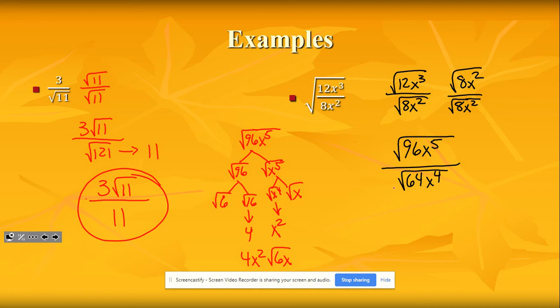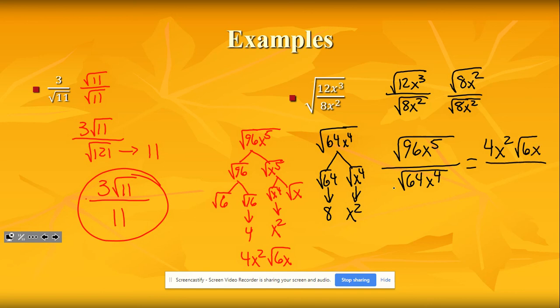On the bottom, radical 64x to the fourth is much simpler. Break it up into radical 64 and radical x to the fourth. The 64 becomes 8. The x to the fourth becomes x squared. So my final answer here becomes 4x squared radical 6x over 8x squared.